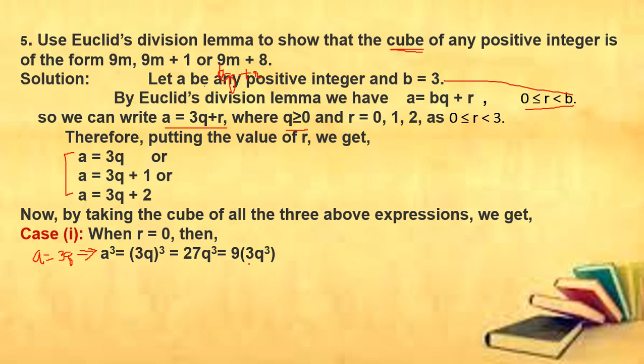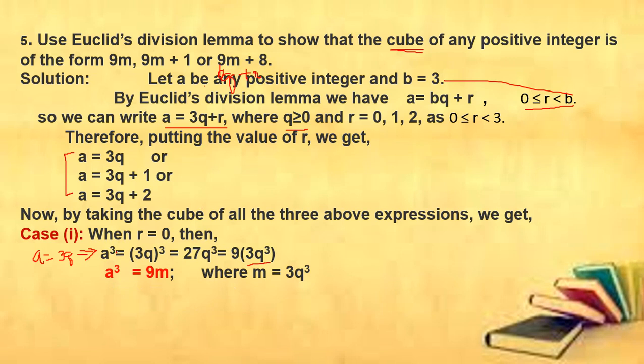Now take this quantity, 3q cubed, as m, since we have to write the formation using the variable m. So a cube equals 9m. This is the first formation: the cube of the positive integer 3q is 9m.